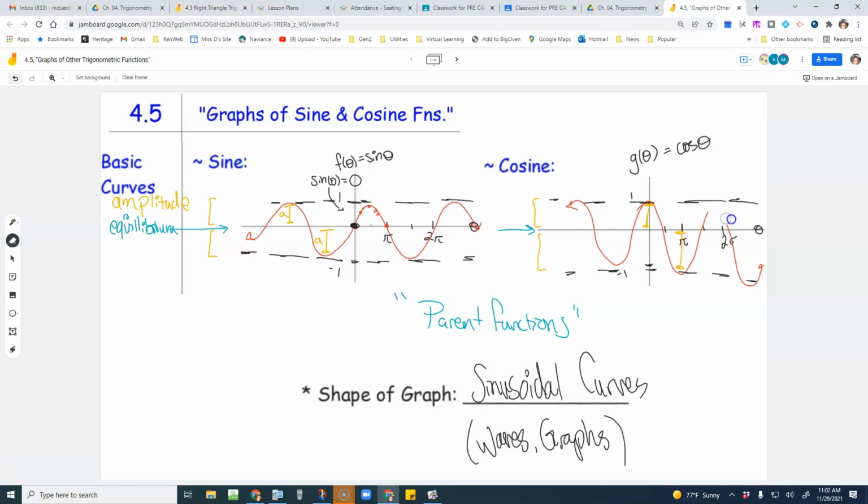They hadn't drawn my guidelines, and that gets me in a lot of trouble. So cosine should be back up at its maximum, finishing its cycle at 2 pi. There you go.